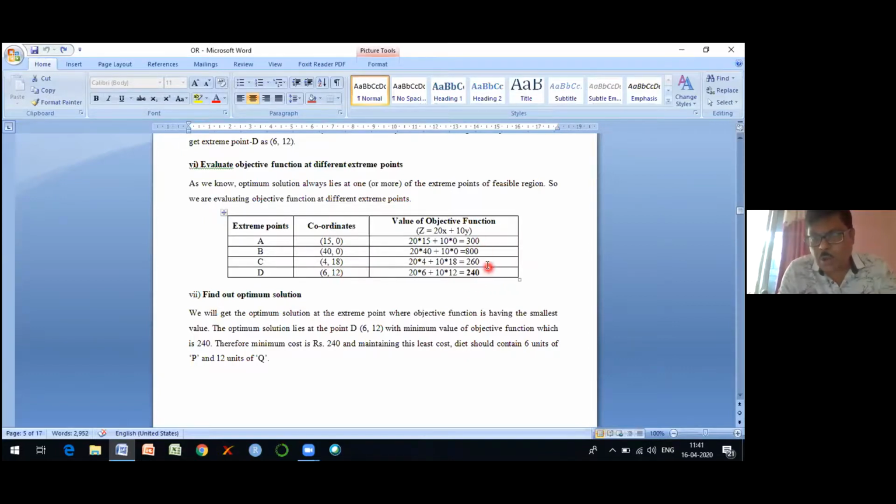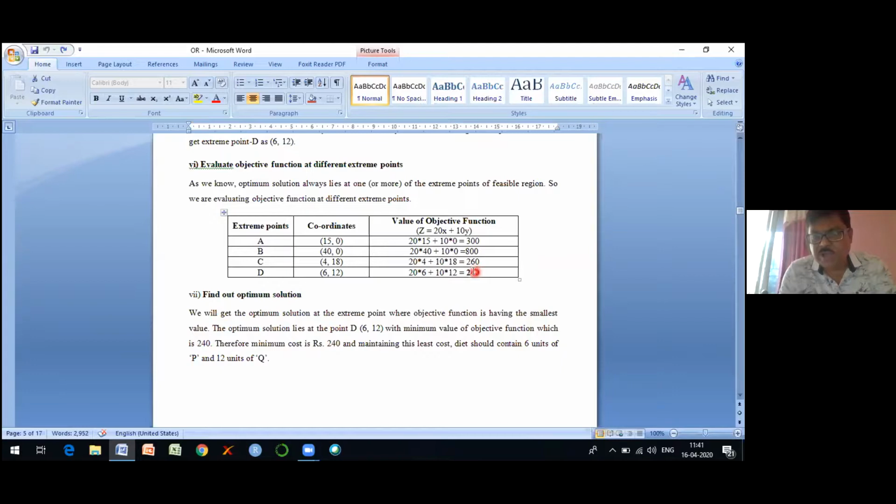So out of these 4 values, the cost is minimum at the coordinate 6 and 12. So if you produce 6 units of product P and 12 units of product Q, then the cost will be minimum, right? That's why we have written here, we will get the optimum solution at the extreme point where the objective function has the smallest value.